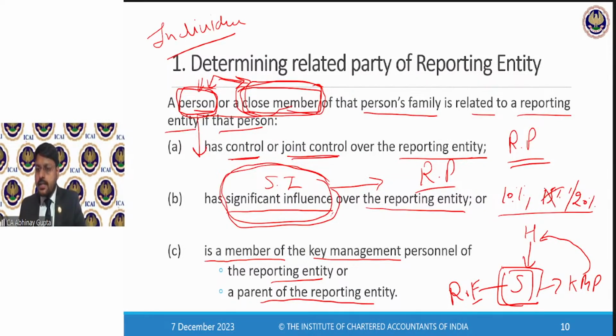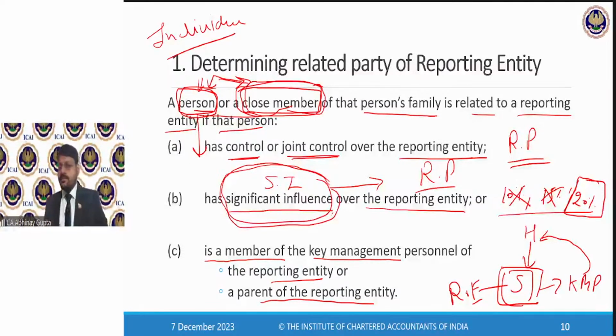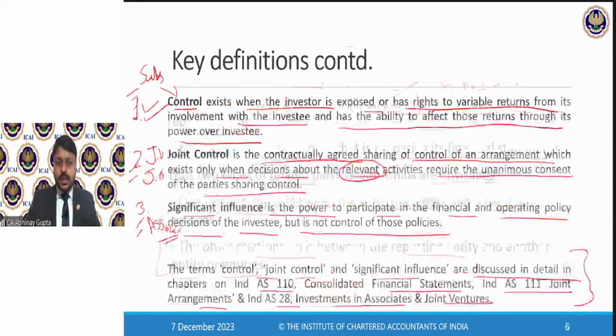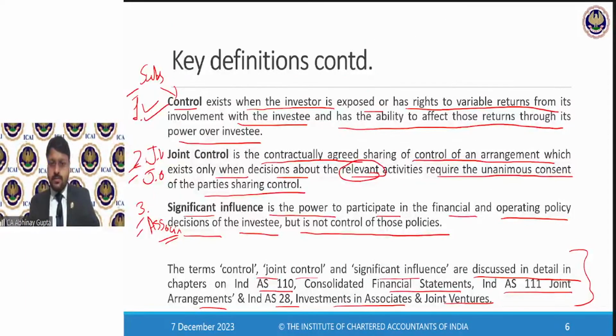But for our understanding purposes, I can say anybody who holds 20% or more shareholding in a company will be regarded as having significant influence. Although there are no such monetary limits given by the standard, it only talks about substance over form. So the definition of significant influence, which we have just discussed, is given by the standard.